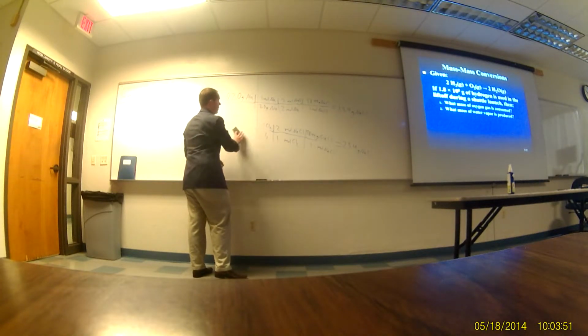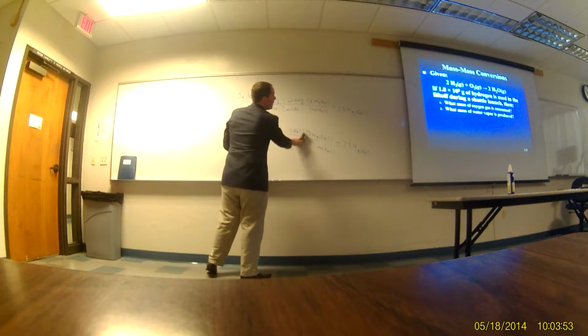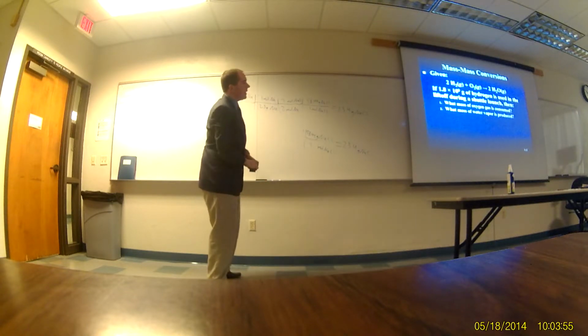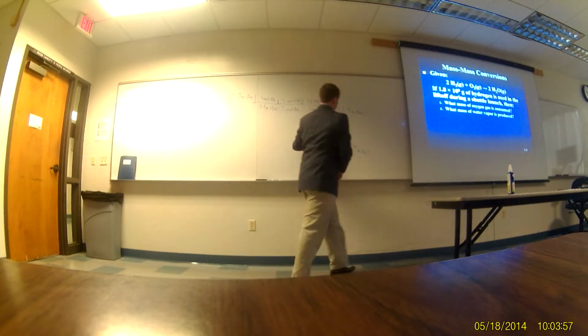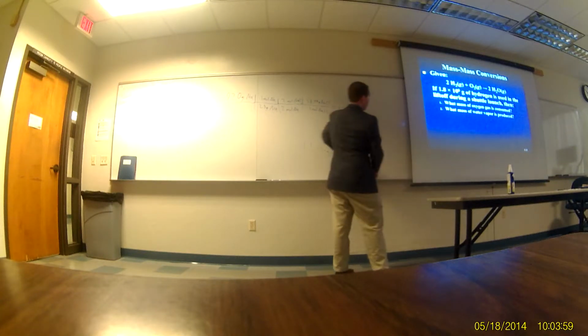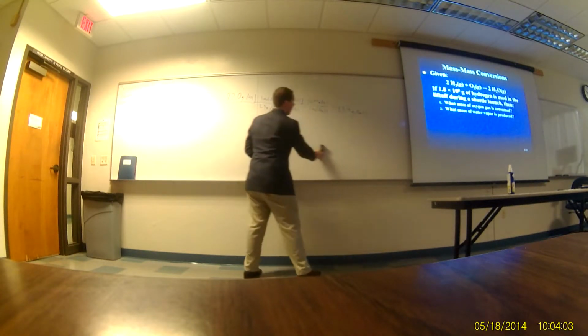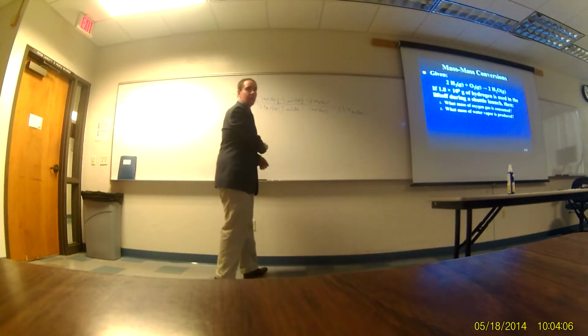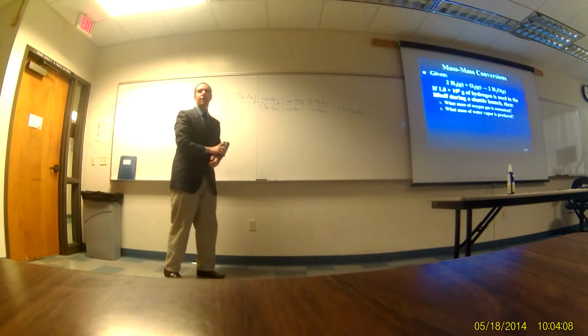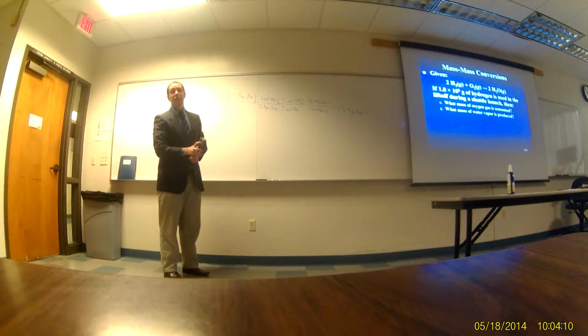So this is a space shuttle liftoff, and it says 1.8 times 10 to the 8 grams of hydrogen is burned. How much is 1.8 times 10 to the 8? A lot. Times 10 to the 9th is a billion.